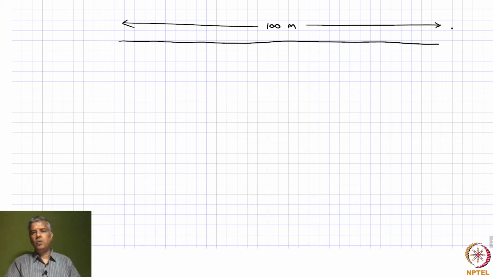We know that in a fiber Bragg grating based sensing system, you can concatenate gratings with different periods, so that you can use one broadband source and integrate the entire length of fiber, which consists of gratings at different wavelengths.